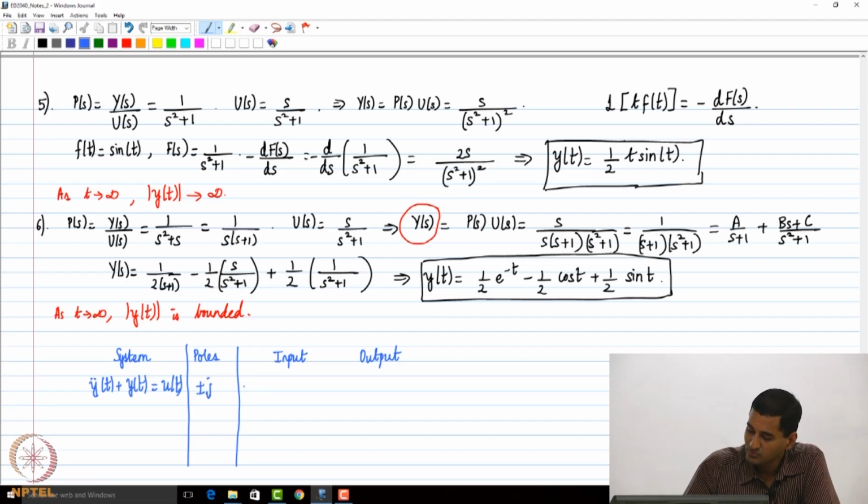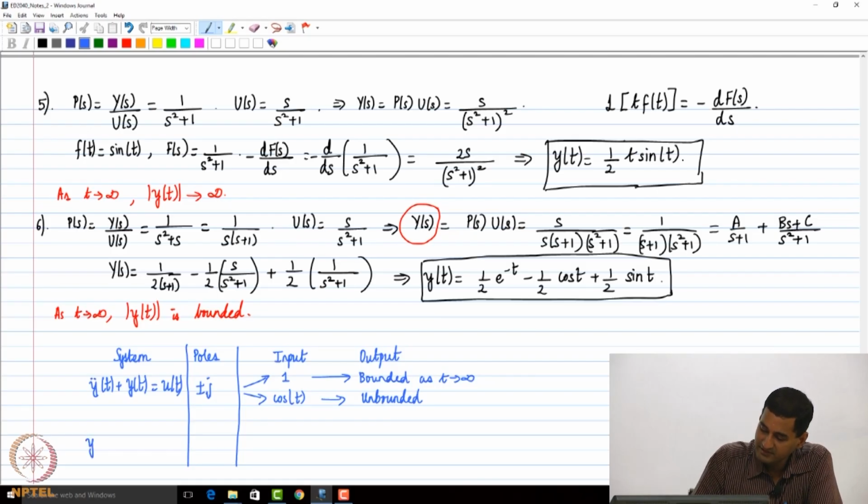When the input was essentially 1, what was the output? Output was bounded as t tends to infinity, right? Now for the same system, when the input was cos t, the output was unbounded, right?